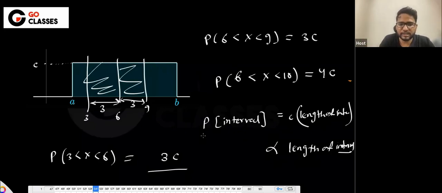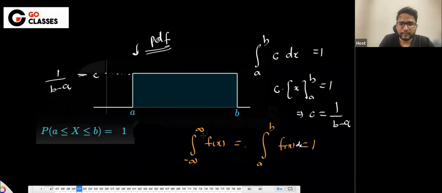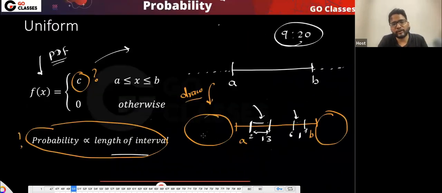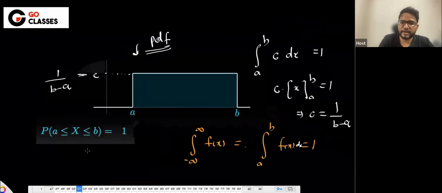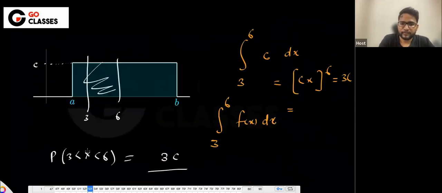That's why I have written there that probability of any interval is directly proportional to the length of the interval. Yes, that's a nice observation that height is constant. Height is the same for everyone.